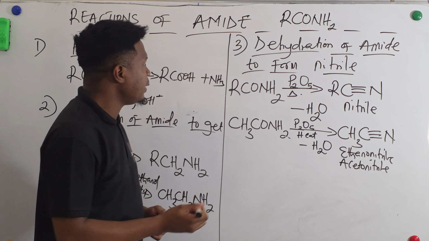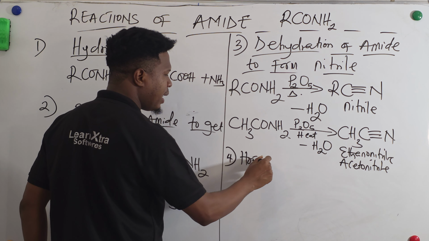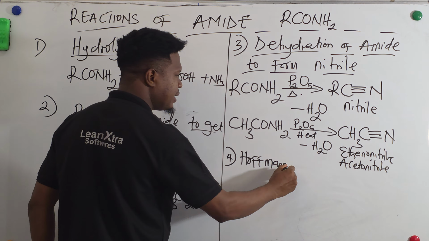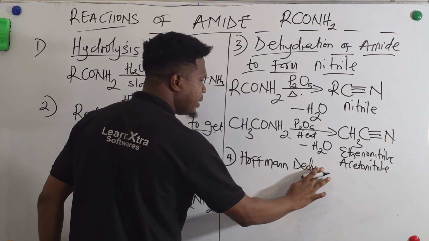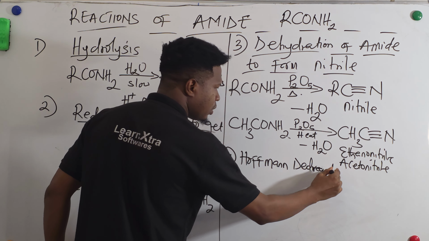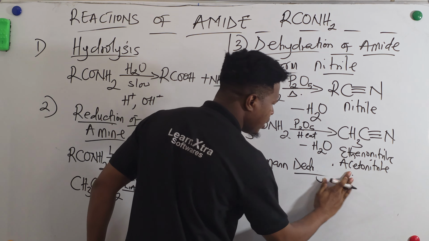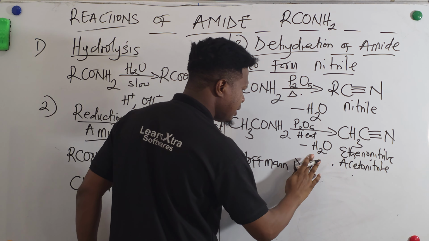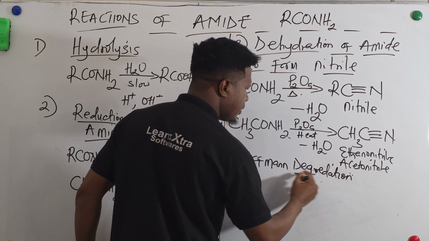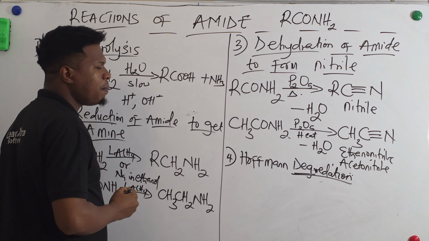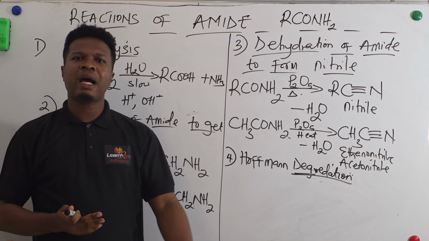The next reaction of amide is what we call the Hofmann degradation. This Hofmann degradation is simply the breakdown of the amide group to form a primary amine.